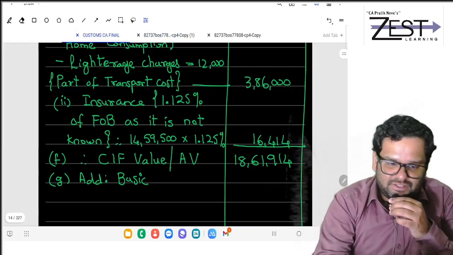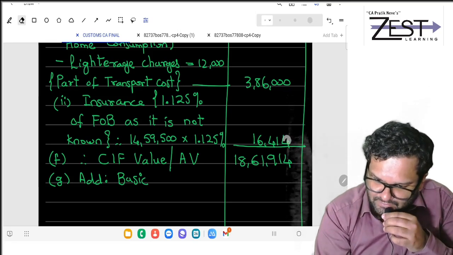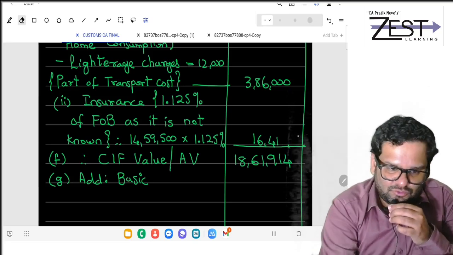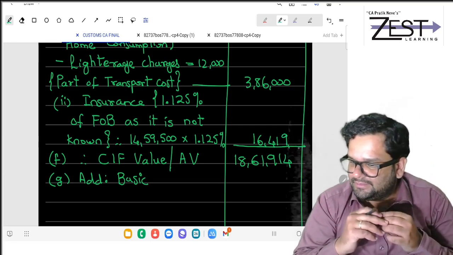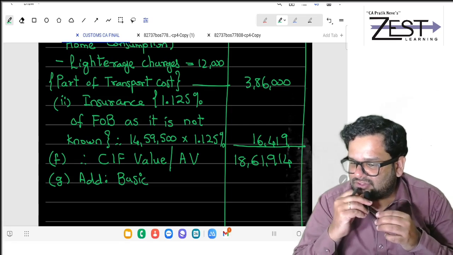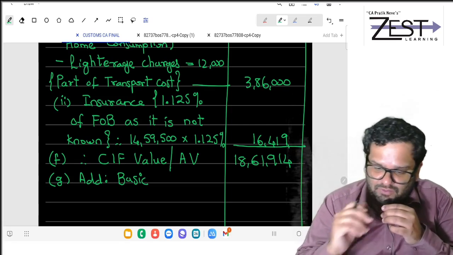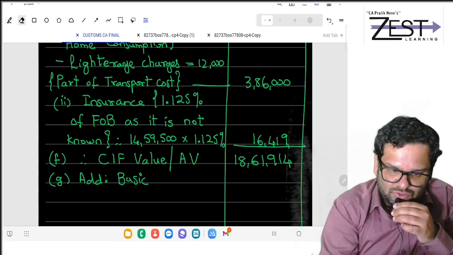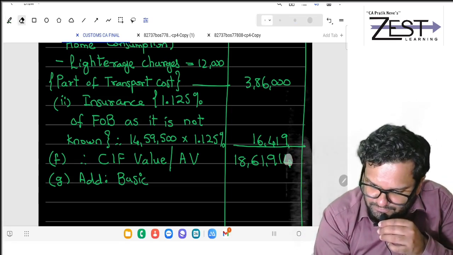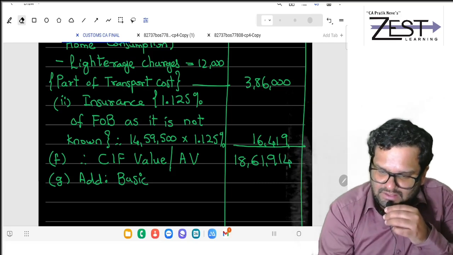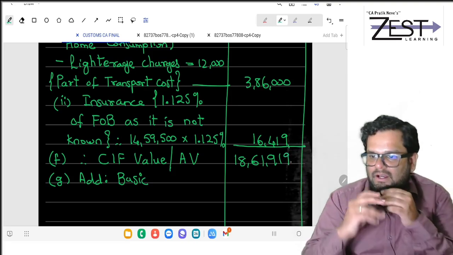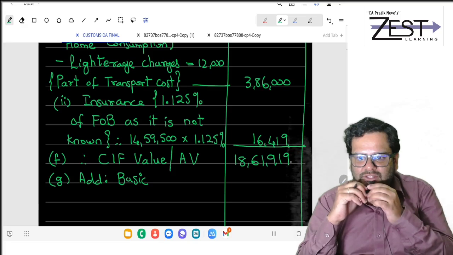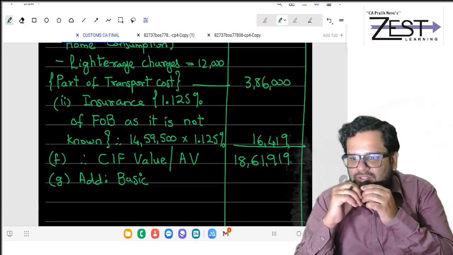Arithmetic accuracy, friends. 16,419 it should be. My bad. It was 16,419.375. Yes, so it will come to 18,61,919. Ashima, Mahalakshmi, is it clear? May I go ahead?